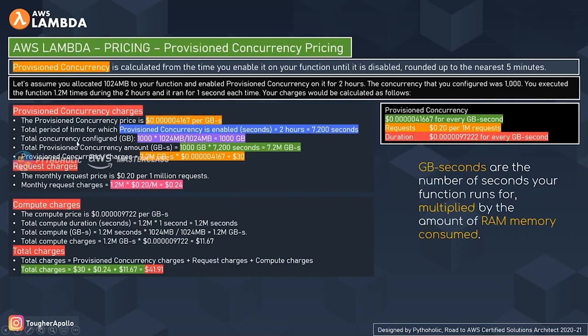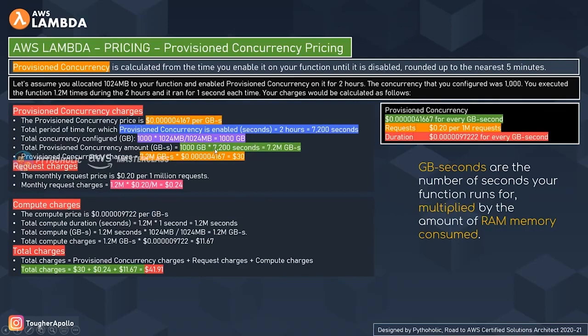So now the total concurrency configured in GB is 1000 multiplied by 1024 MB, that is basically your allocated memory, divided by 1024, because we are converting it into GB, so it will be 1000 GB. Okay, so total provisioned concurrency in GB seconds is your 1000 GB, the total concurrency configured, multiplied by the number of seconds it has run.